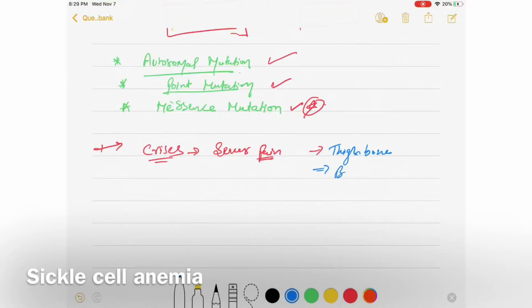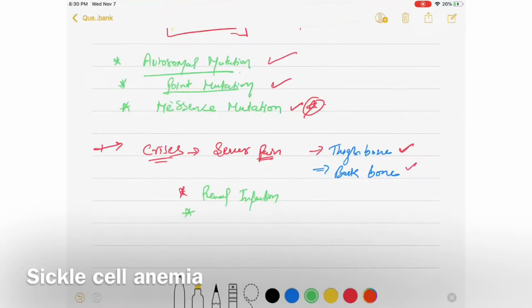Sickle cell anemia also causes pain in different places, and renal infection can occur because of it.